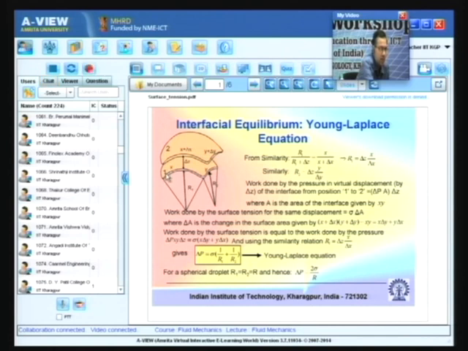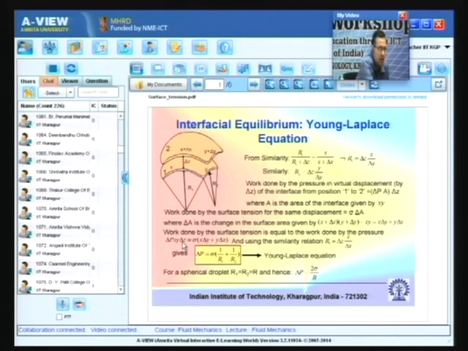So delta p into x into y, the area, is the force acting on this surface, times the displacement delta z. Force times displacement is the work, so that is the work done.